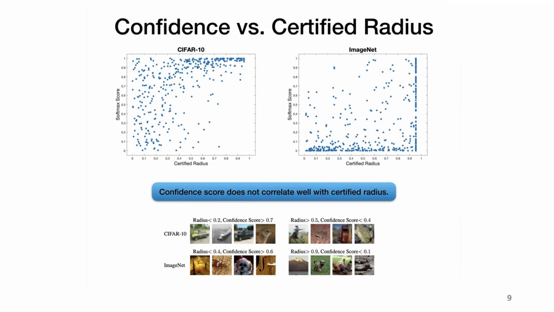So this may lead to a scenario where the image has a large certified radius, but the underlying classifier has low confidence. For example, here the radius is large, but the score is small. Take this point as an example. This is counterintuitive.